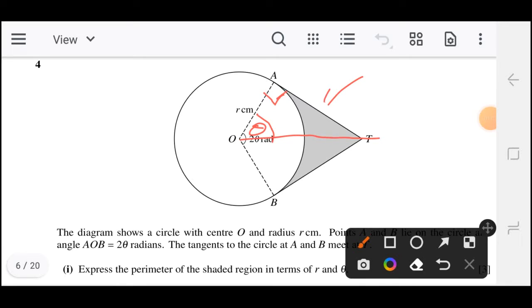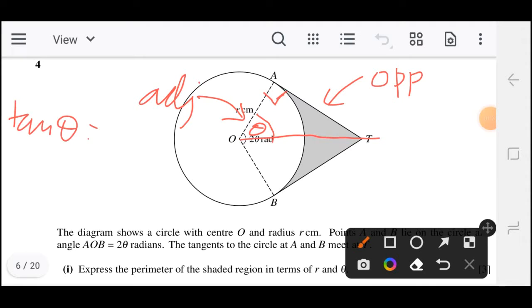And this side here will be the opposite. And this side here is the adjacent. So we have got opposite and adjacent, and we have theta there, and they are linked by the trig ratio tan. So tan theta is equal to opposite over adjacent.